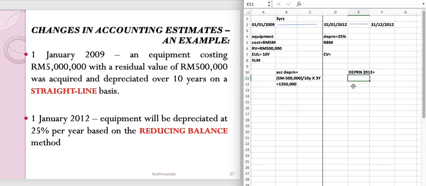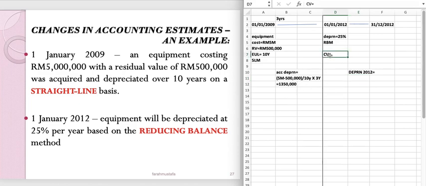When you want to calculate the depreciation based on the new method, you must base your calculation on the carrying value. So you have to calculate the carrying value of the equipment. The accumulated depreciation is 5 million minus the residual value 500,000, divided by 10 years, times 3 years from 2009 until 2011. So you get accumulated depreciation of 1.35 million.